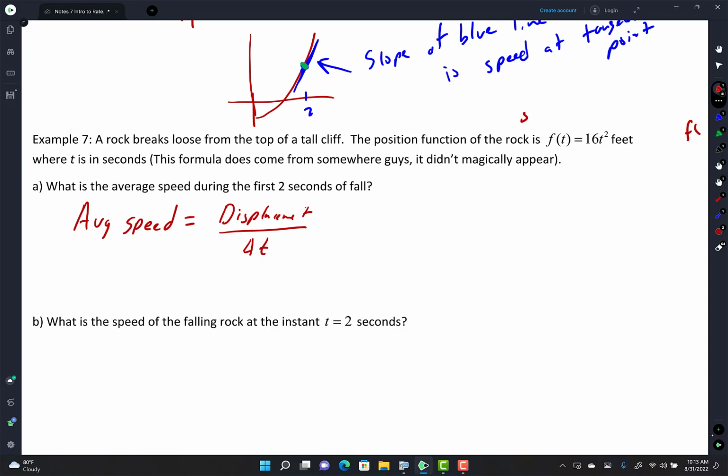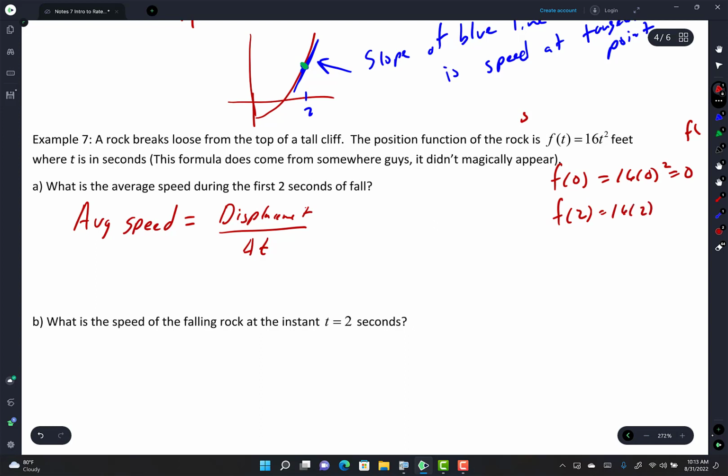All right, so here we go. I want to find out the displacement of this rock within the first 2 seconds. So here's what I need. I need f of 0. 16 times 0 squared is 0. That's my position initially. And I need f of 2. 16 times 2 squared. 2 squared is 4. 16 times 4 is 64.